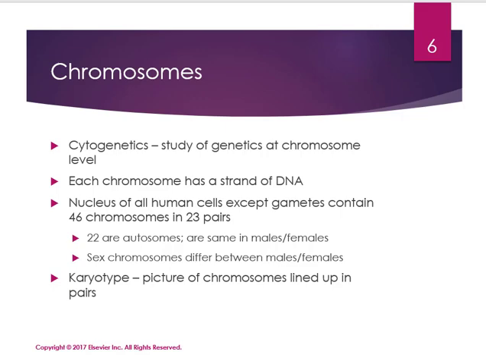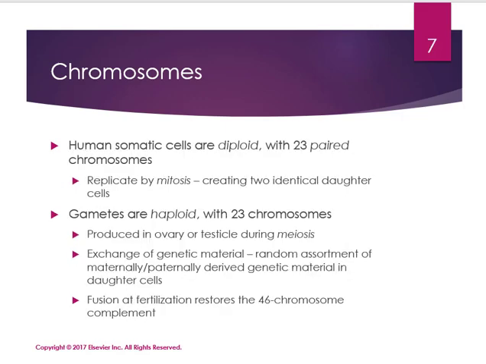And the picture of chromosomes lined up is called a karyotype. So human somatic cells are diploid with 23 paired chromosomes, and they replicate by the process of mitosis, where they create 2 identical daughter cells. And gametes are haploid with 23 chromosomes. They are produced in the ovary and testicle during meiosis, where there's the exchange of genetic material.